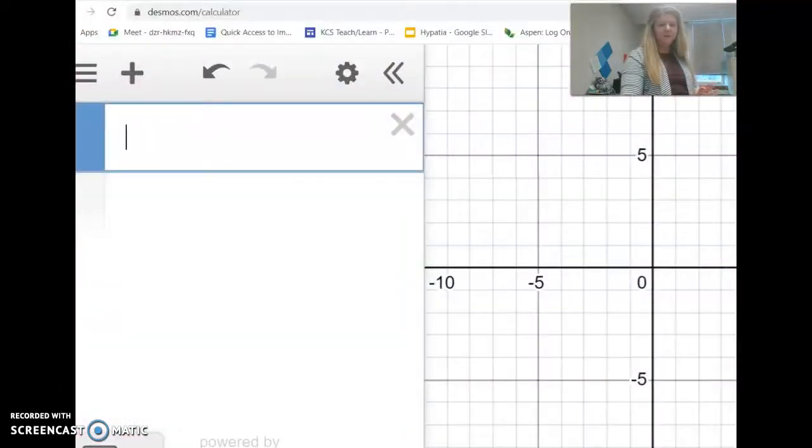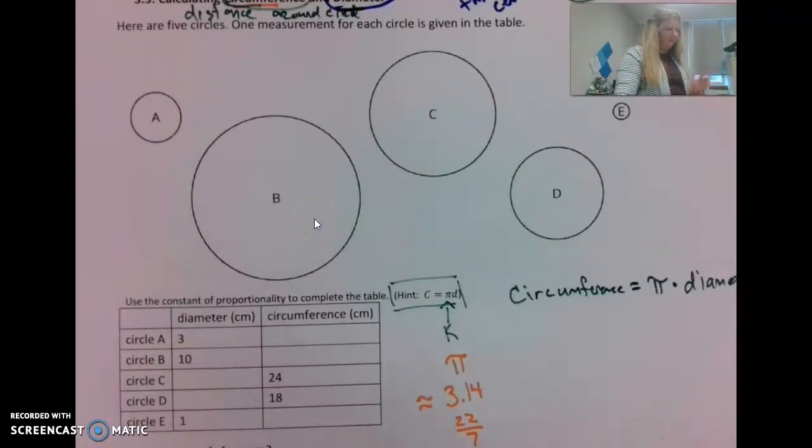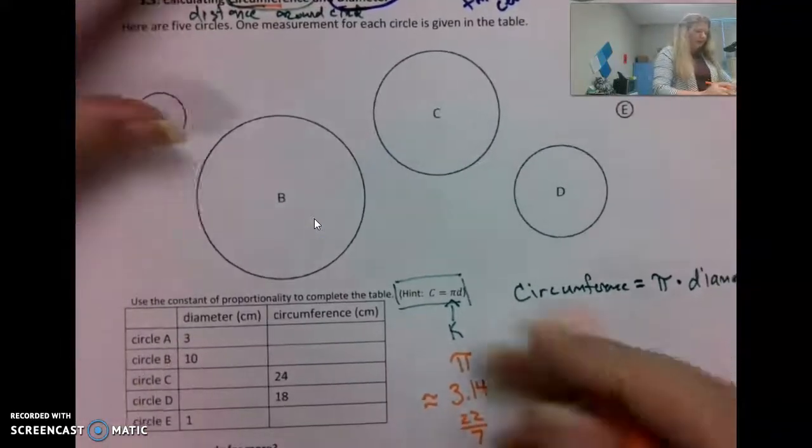This is, of course, Desmos, my favorite online calculator. 22/7 is more precise than just 3.14. And because it's more precise and it has more digits, the answer is going to be a little different. So I think what we'll do is just kind of explore and look at our numbers and see what's going to be best for us as we go.